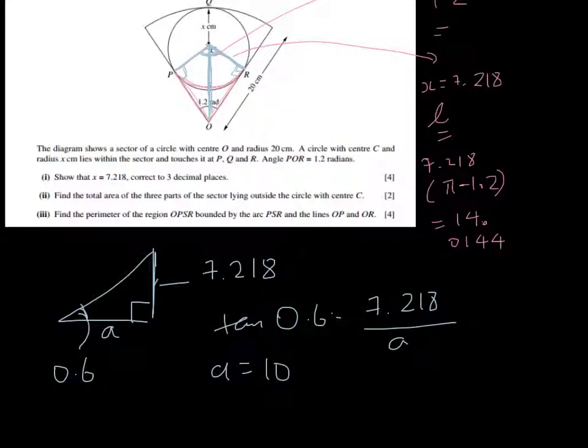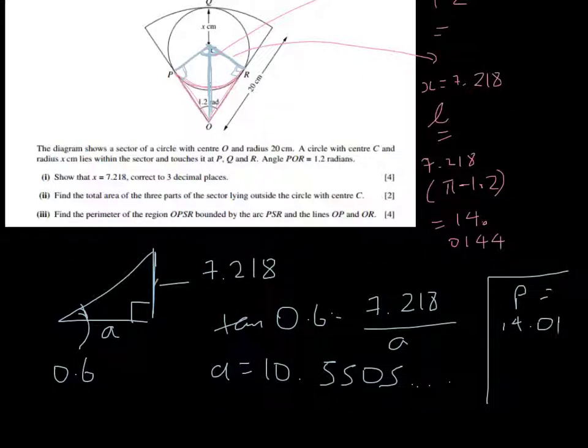And that comes out to be 10.5505 and some other stuff. I need two of those, so I'm going to double that. So my final perimeter is going to be the 14.0144 of the curved edge plus two lots of this 10.55055 stuff, which comes out to be 35.1 if I round to 3 sig fig.